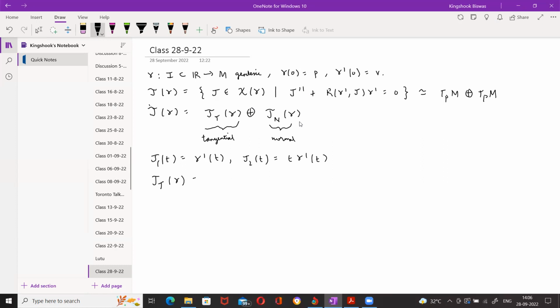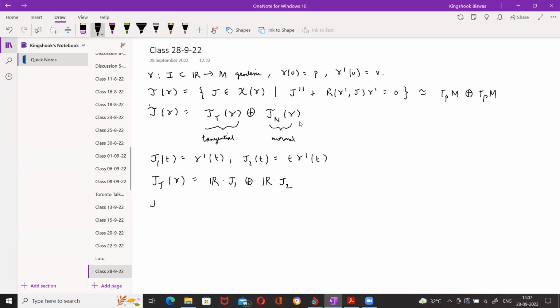These two are easy to see, they're linearly independent. So the space of tangential Jacobi fields is the direct sum of the spans of these two Jacobi fields, so R J1 direct sum R J2.